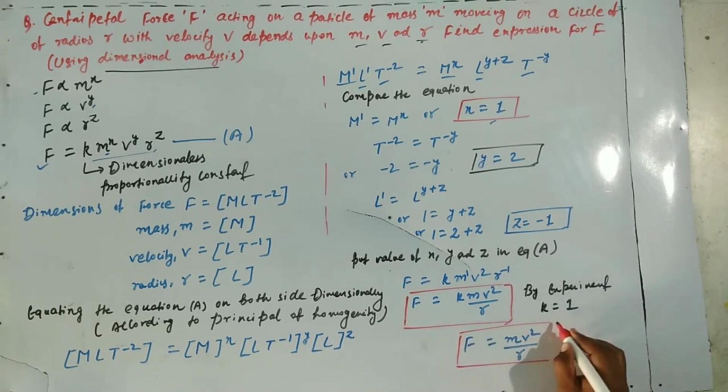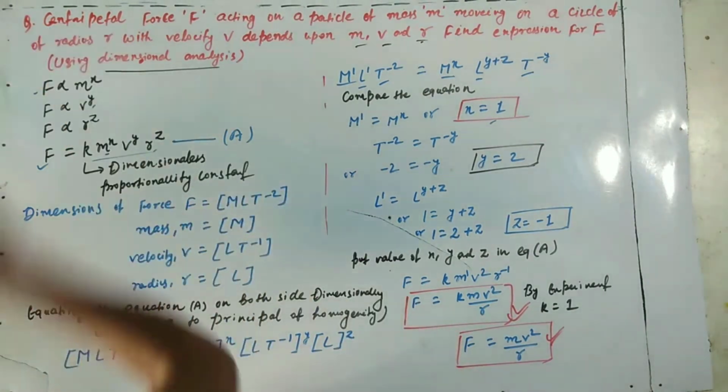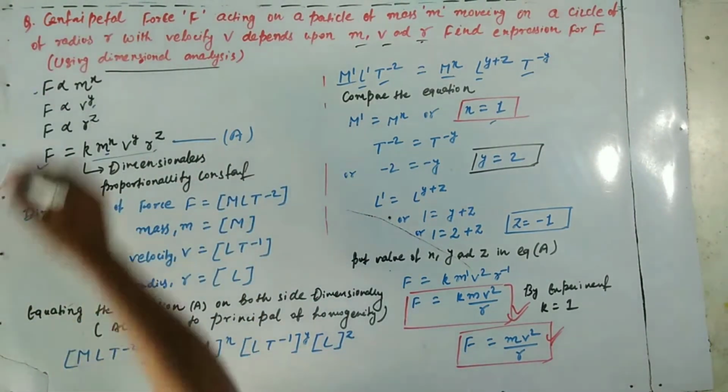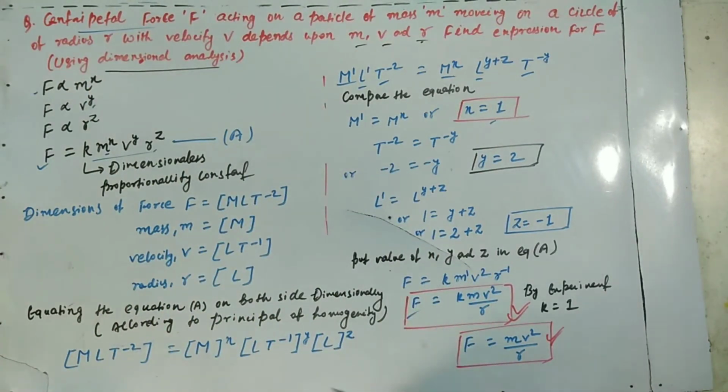So when we put the value of k, the equation will be F equals m v square by r. So both equations are correct. According to the question, we have to find F equals k into m v square by r. So both equations are correct for this question.